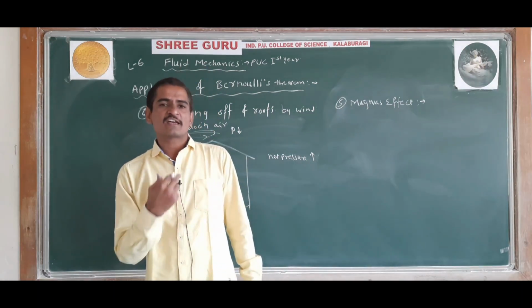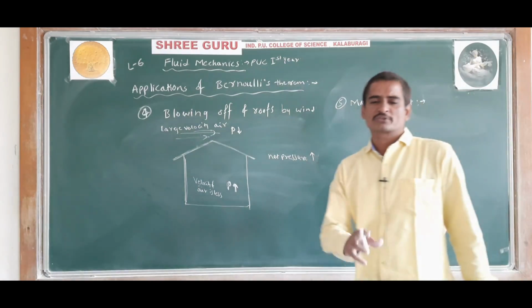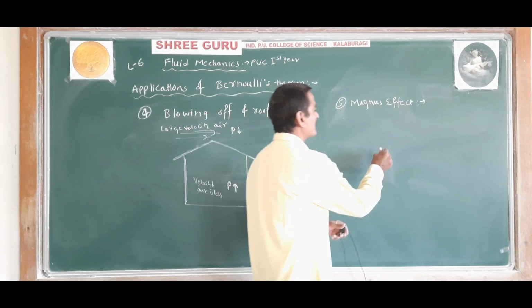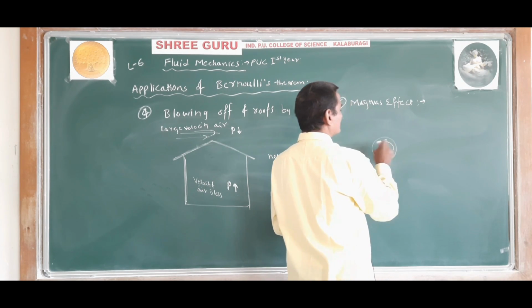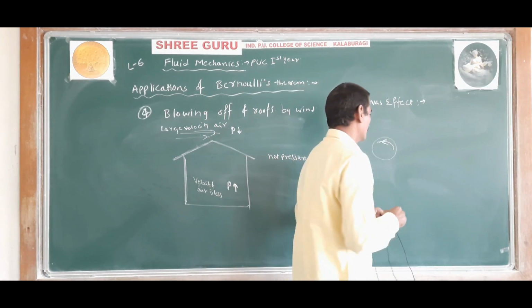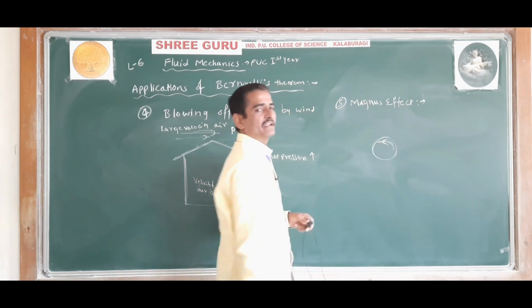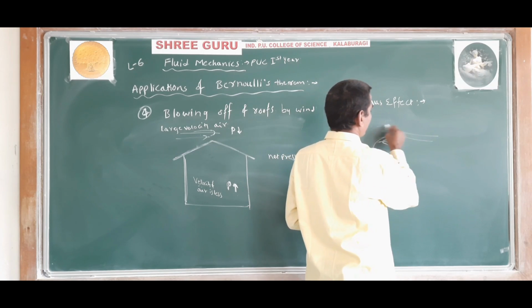In which direction does it move? It does not move in the expected direction, it will change the direction of motion. That is also due to the change in the velocity. When a spinning ball is moving in an air medium, the air flows.